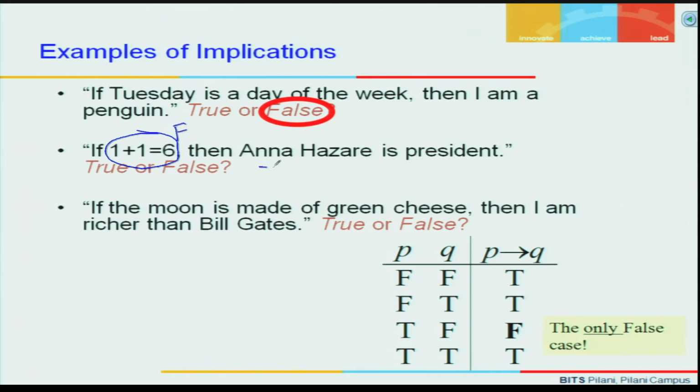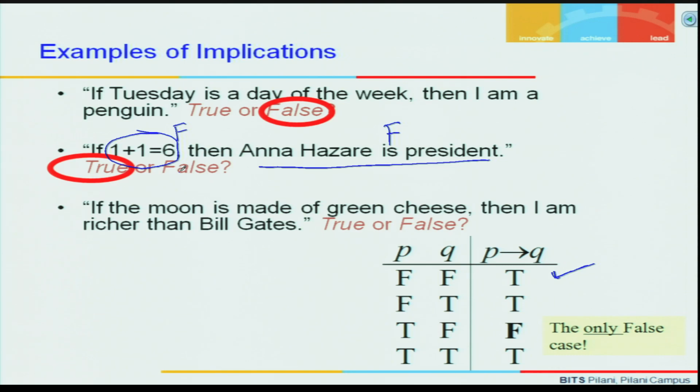And Anna Hazare is president, at least as of today he is not, so it is a false statement. When the antecedent is false and the consequent also is false, then P implies Q, the implication operator, when operated on these two, the resultant value will be true, hence this statement is going to be true.